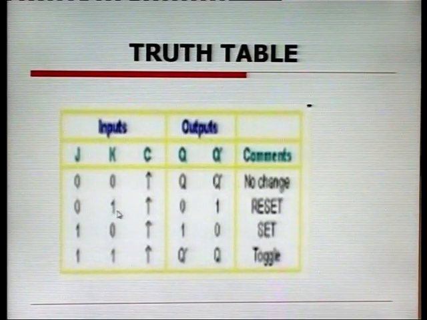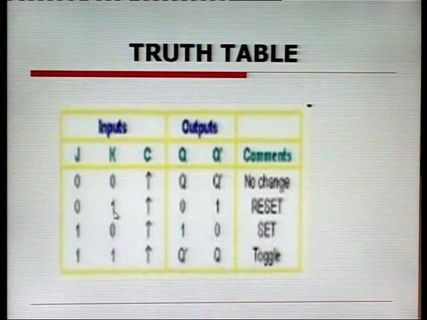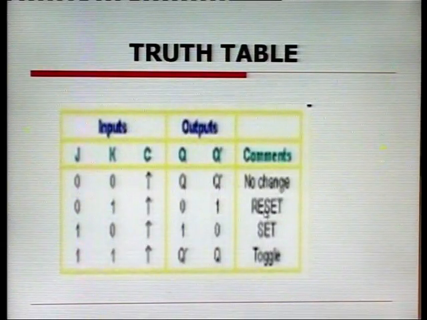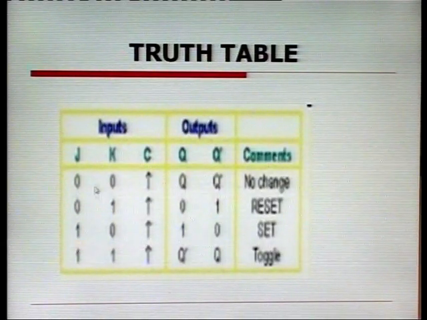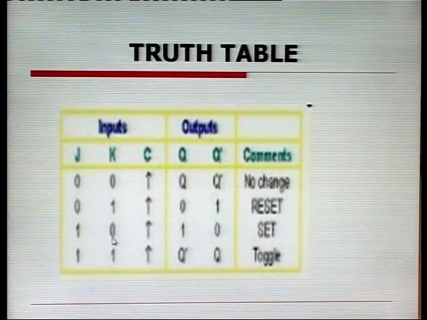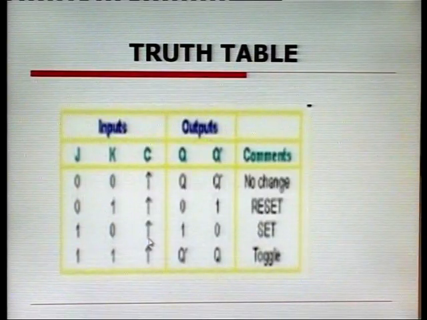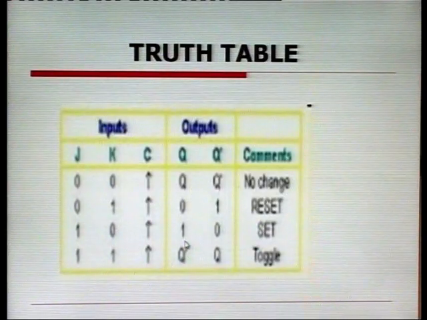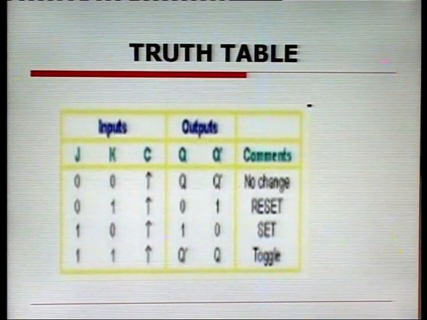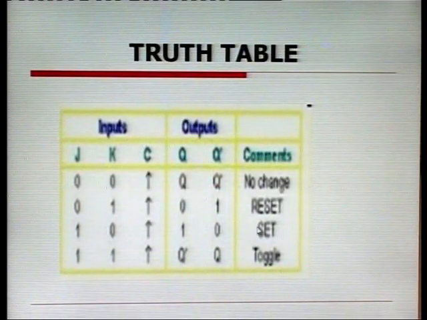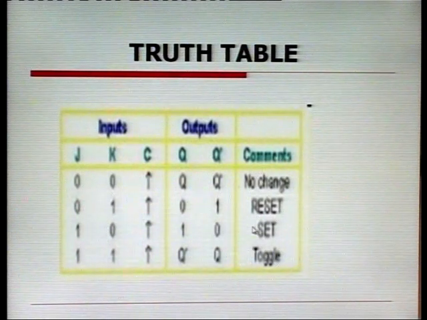A low input at J and a high input at K will cause this flip flop to go into the reset state. And if we apply a high input at J and a low input at K, and there is the arrival of a clock pulse, it will cause this flip flop to shift into the set state. Set state means the Q output is 1 and Q bar output is 0, or we can say the flip flop is in the on condition.